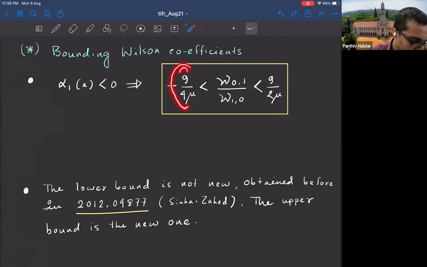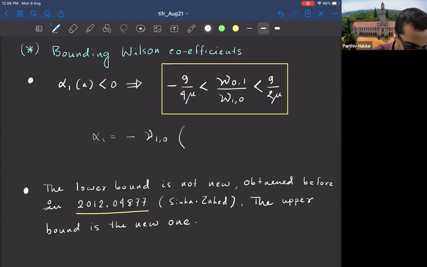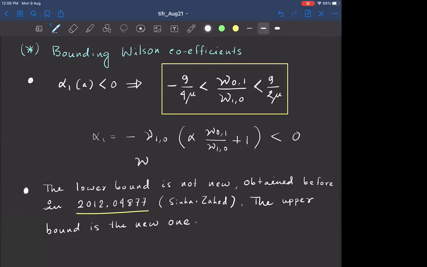Your alpha 1 turns out to be something like this. You can see that alpha is A. Parthiv, what you've written inside the bracket should be A. Yeah.